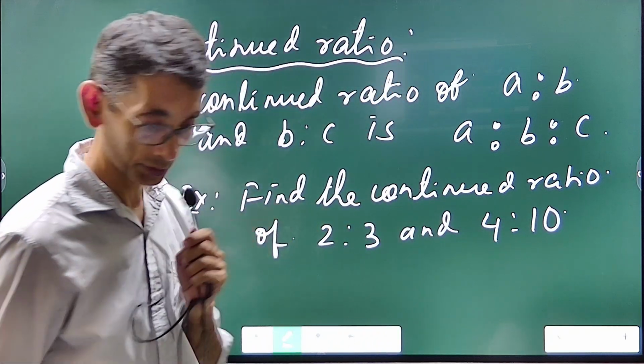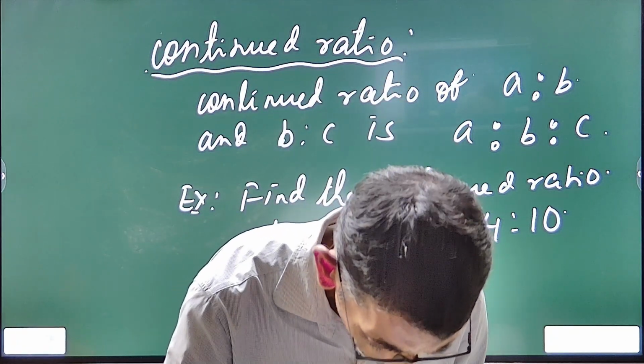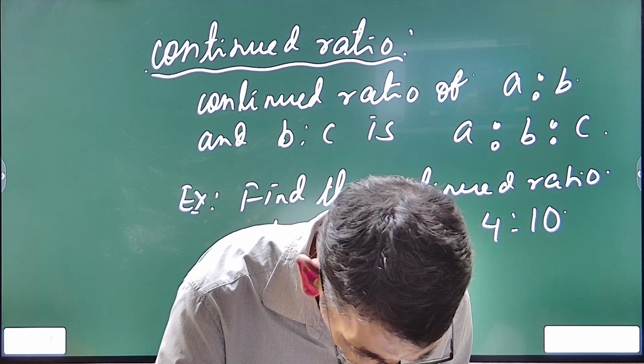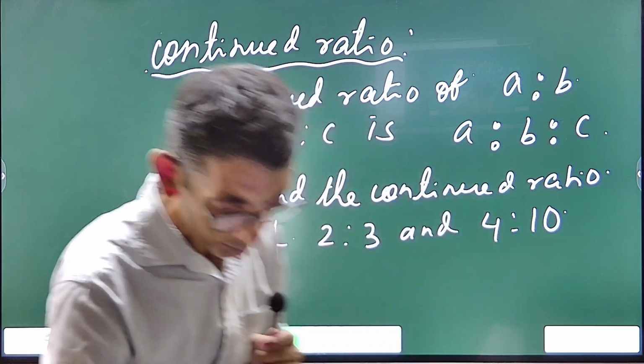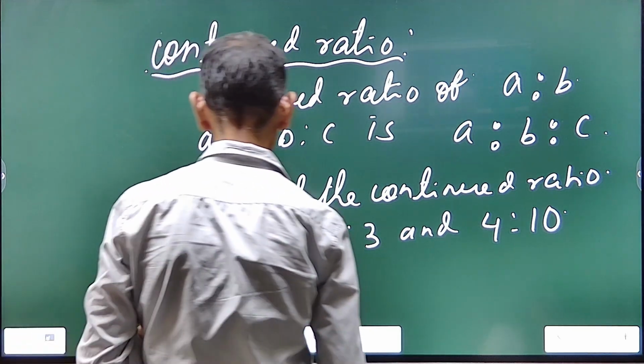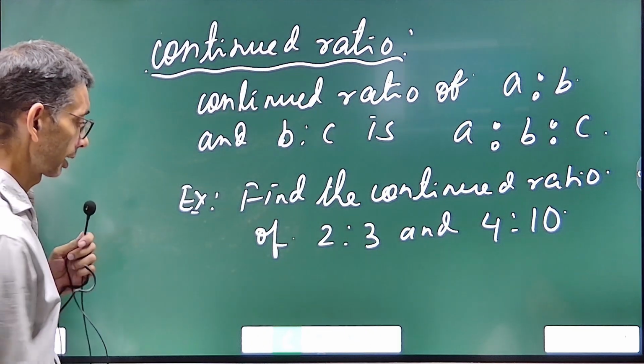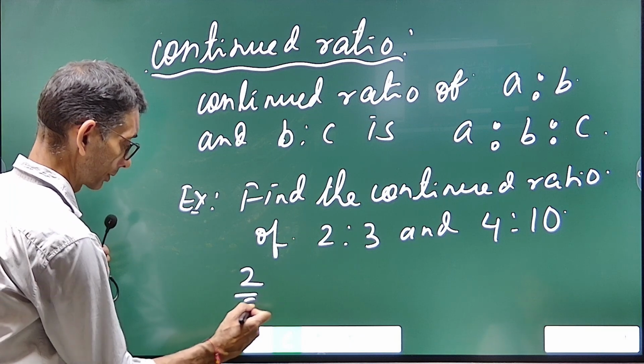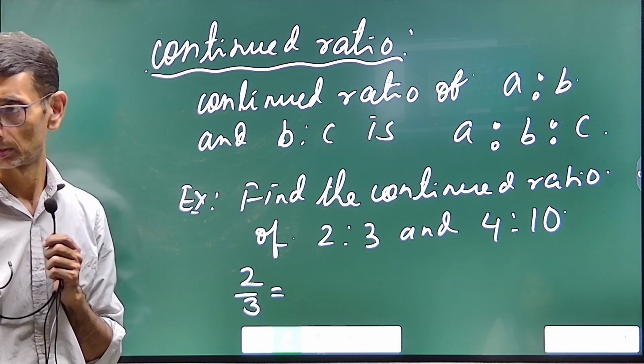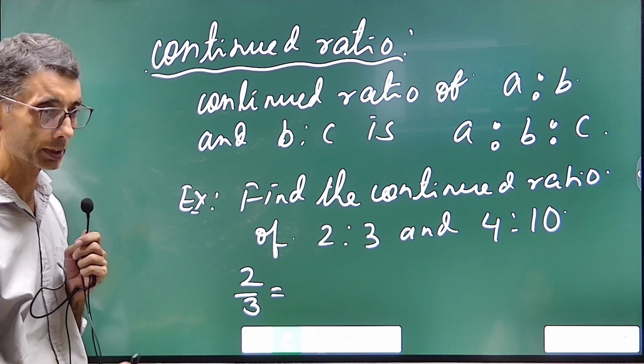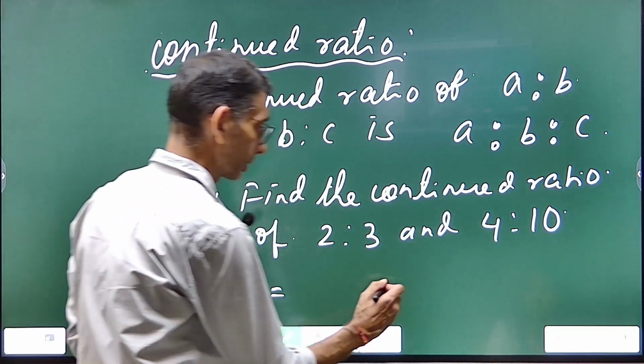First of all, we'll just write 2/3. The first ratio we will write 2/3. Then we will write 4/10.